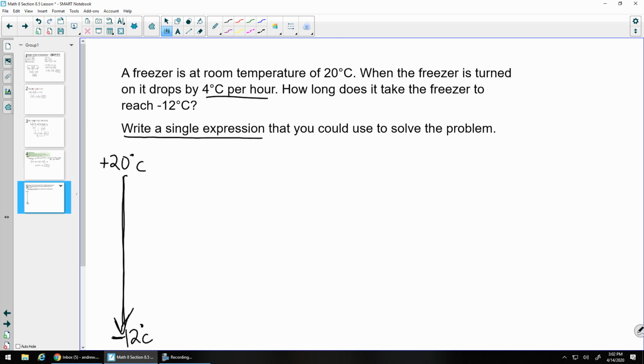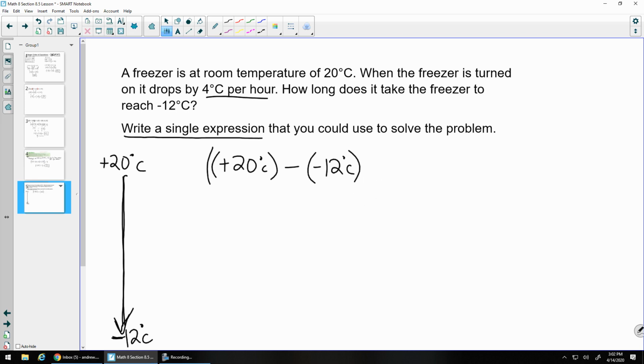You can show that by subtraction. So if you have positive 20 degrees Celsius and you subtract negative 12, that would show you the difference.